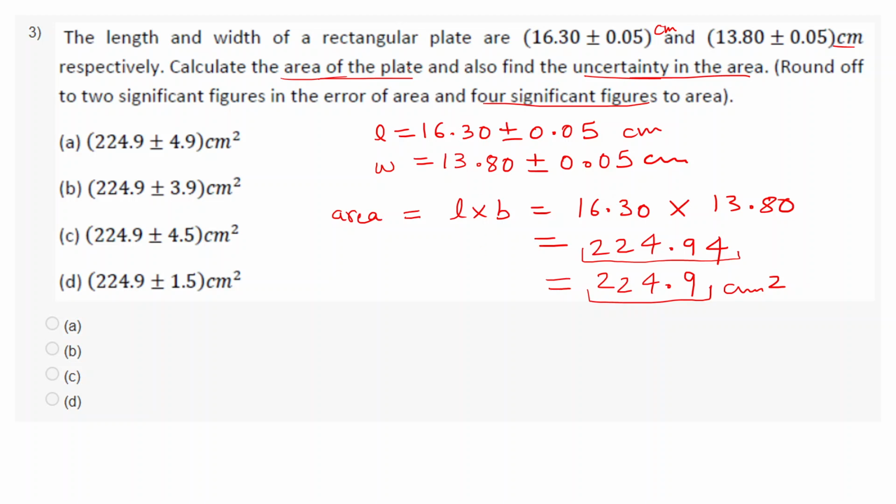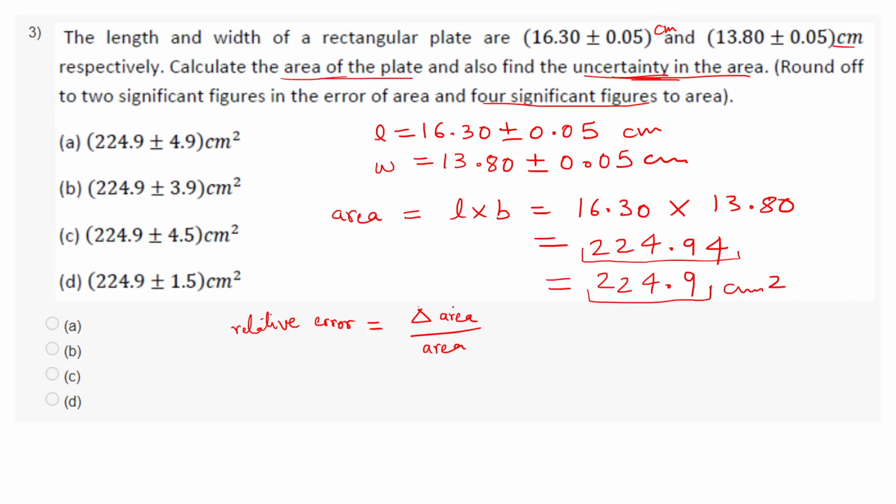Now further I need to calculate the uncertainty or the error in this area value. So for error, relative error, you know, we find out like this, right? What we call absolute error in area divided by mean area.